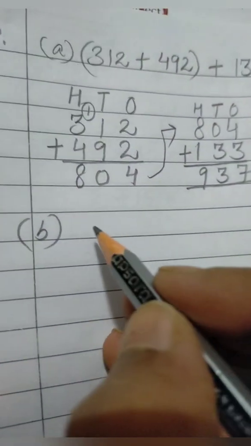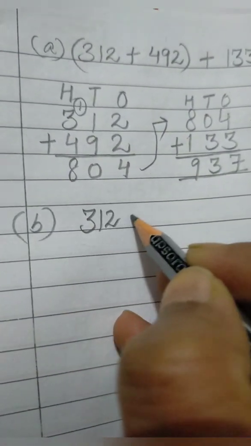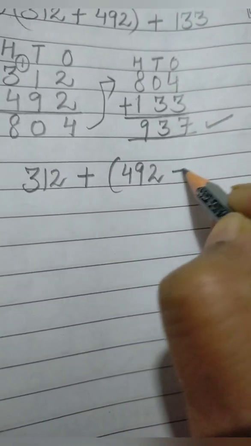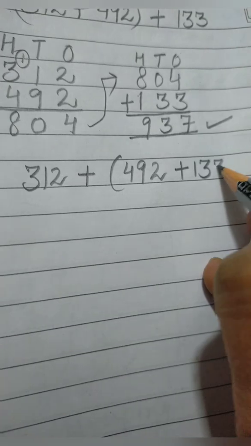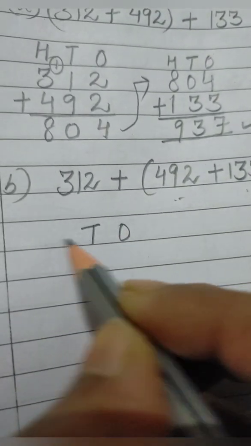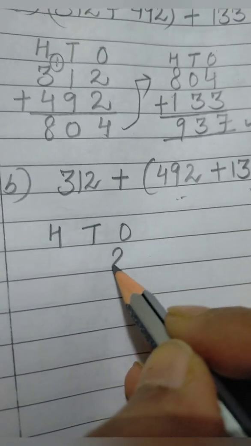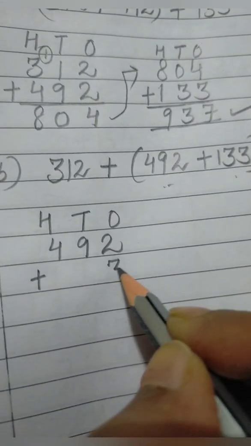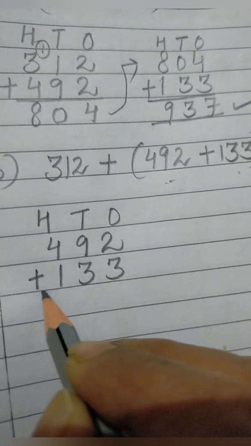Yes, now B part, how is the grouping done here? 312 plus 492 plus 133. Now firstly we have to add these two, 492 and 133.